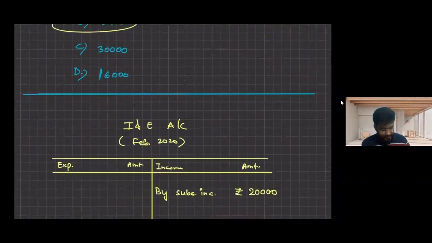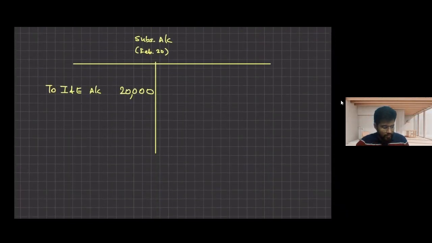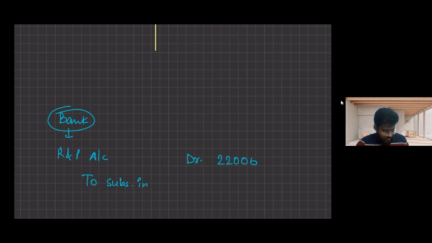So obviously, in my subscription account, what journal entry I would do? It is simple. In place of bank, I am going to use receipt and payment account debited with 22,000 to subscription income 22,000.